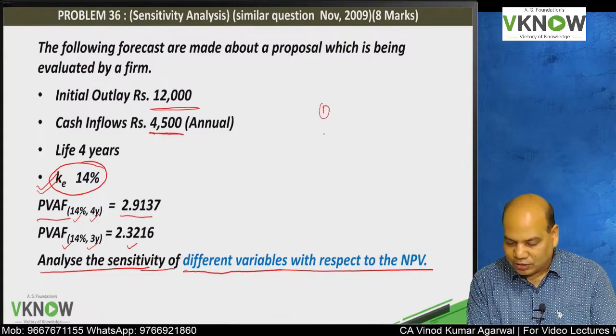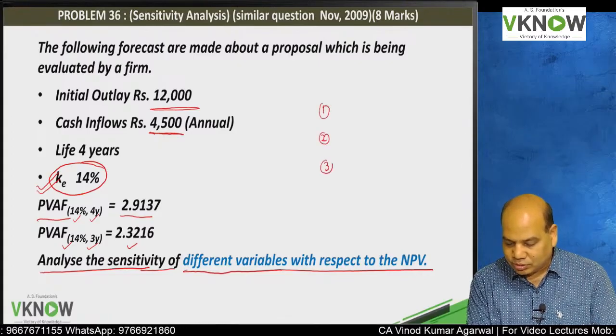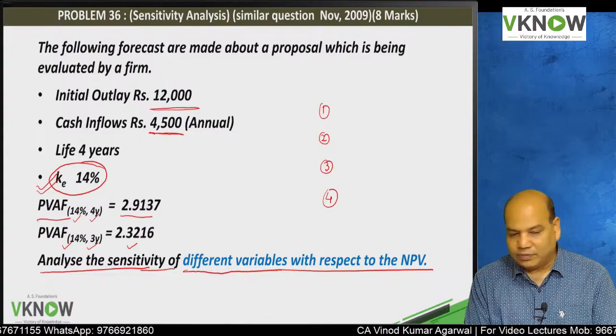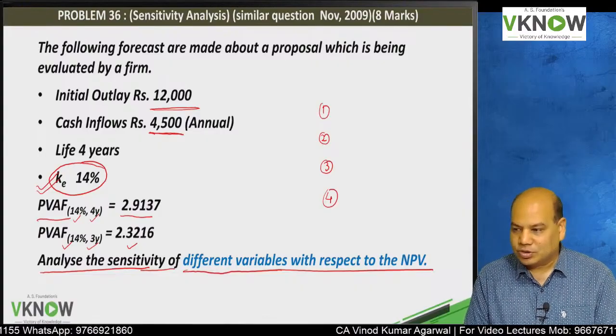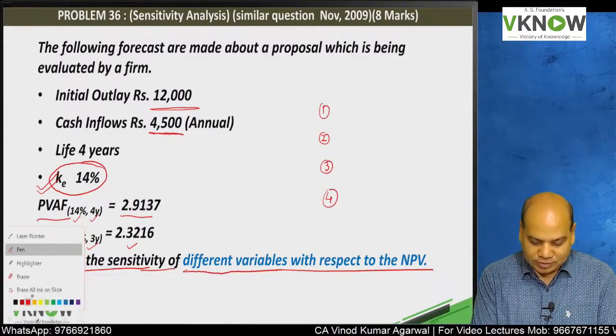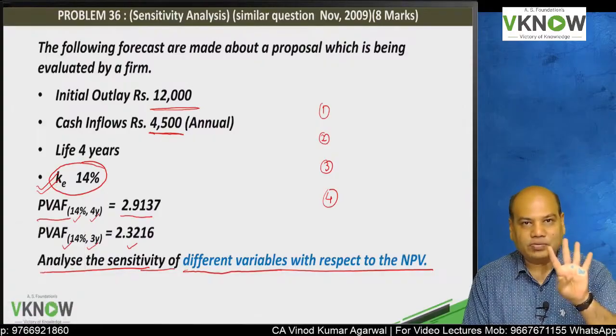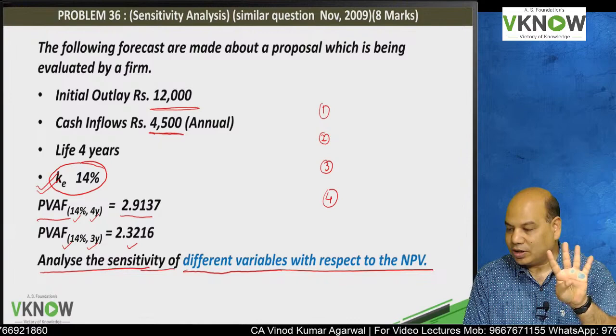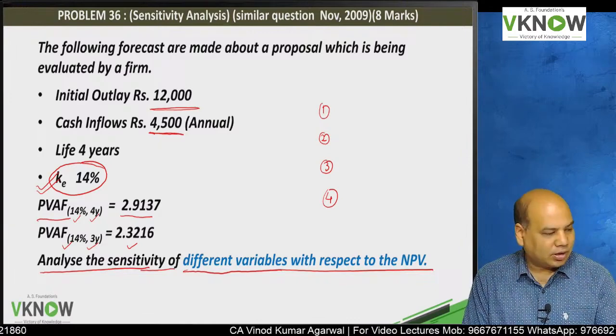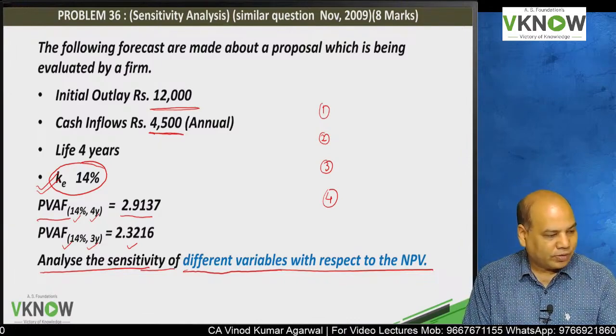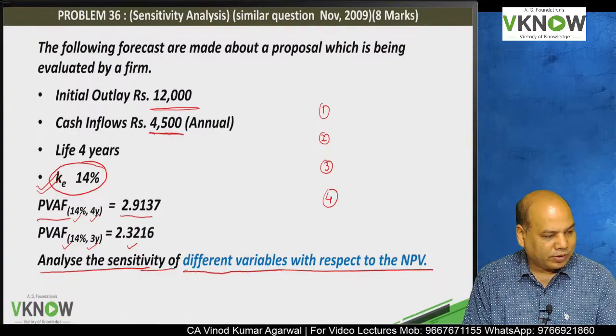So I am going to ask you a question. What are the different variables in this question which will affect the NPV? Please name 4 variables which will affect NPV.